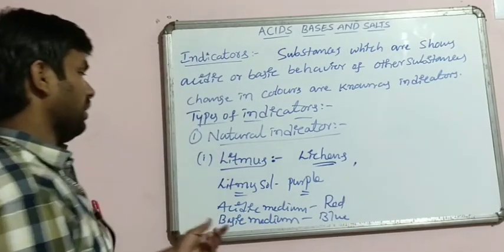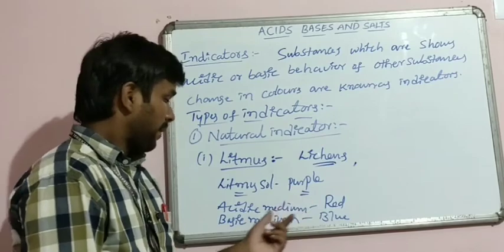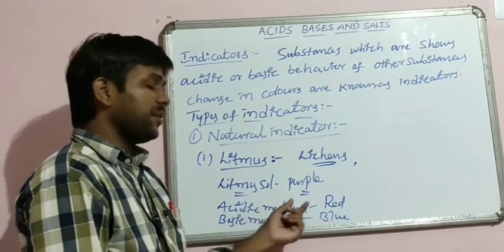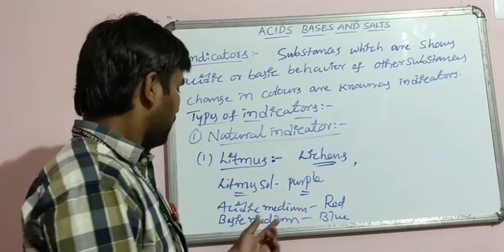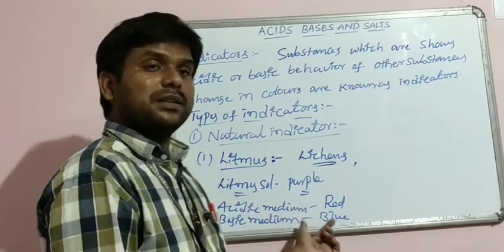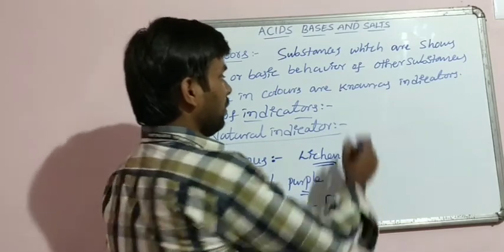This litmus solution color is purple. In the presence of acidic medium, this purple color turns to red color. In the presence of basic medium, this purple litmus solution turns to blue color.